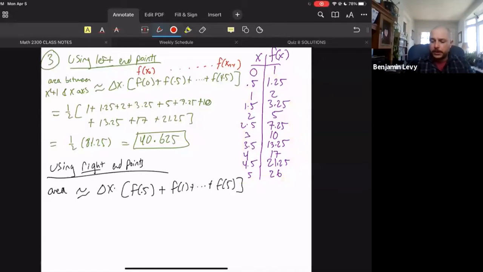We just plug the numbers in, and it's going to be a bigger number. It's going to be an overestimate. So 1.25, 2, 3.25, 5. I'm going to tediously write them all out just because I love it. I just love getting this estimate.